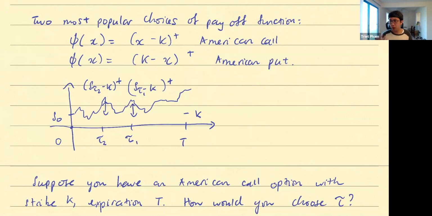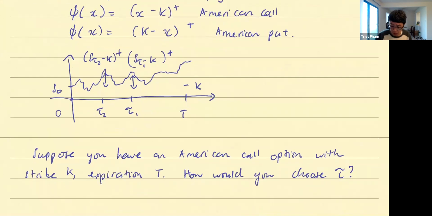Suppose you have an American option on Google stock with 3 months to expiration from today. How would you choose the time? You can exercise anytime from now to 3 months. How would you do it? What possibility comes into your mind? Any idea?